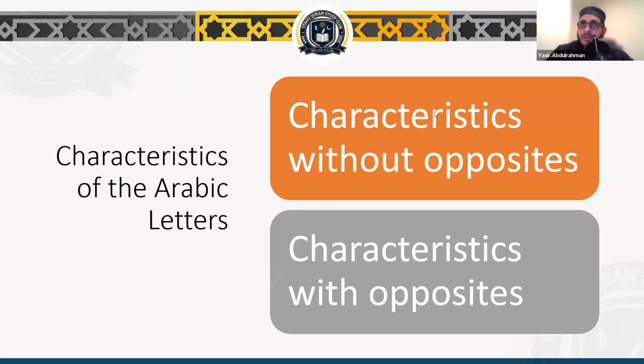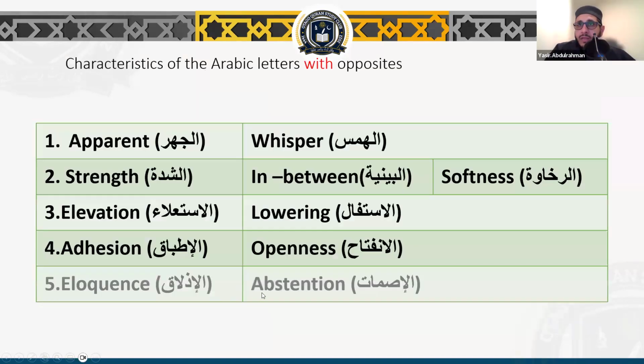Now in the characteristics we have two groups. One group is characteristics which have opposites, so you have one type and then the contrary to it. And then you have other characteristics which don't have any opposites. In the book we have four groups of characteristics for the ones which have contraries. Normally they study 5, so we're going to put the 5th one here.